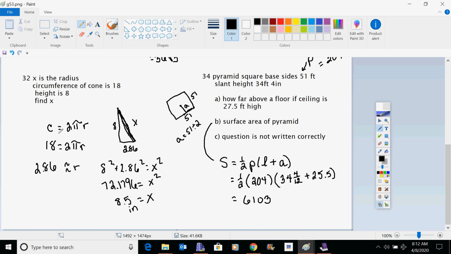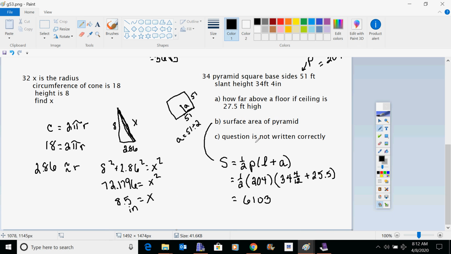Because circumference equals 2 pi r, you can find the radius of the circle on the bottom of the party hat by doing that. But then we have to use a squared plus b squared, where a is the height of the party hat, equals c squared, in order to find that x, which would be the side of the paper for that problem.